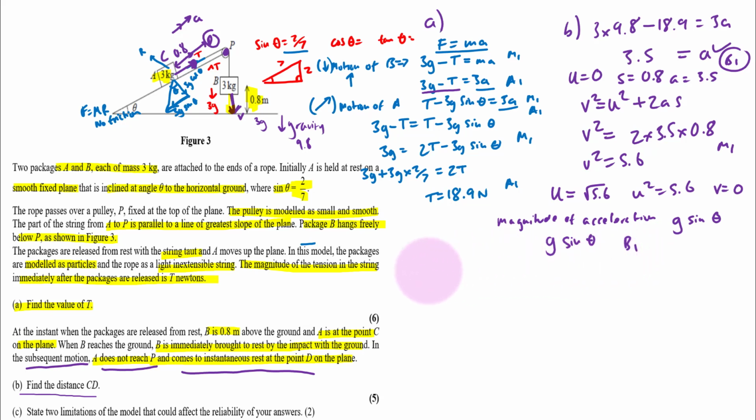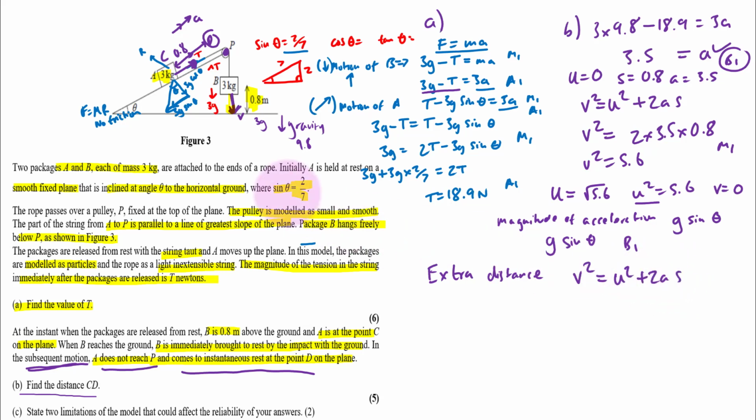So this is the subsequent motion, so the extra distance, because we know it travels 0.8, and this is the challenging bit that we don't get next to. So we know it's 5.6, because that's our u squared, because we're still using our v squared equals u squared plus 2as here.